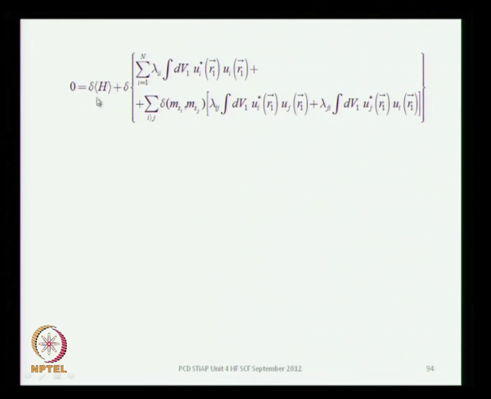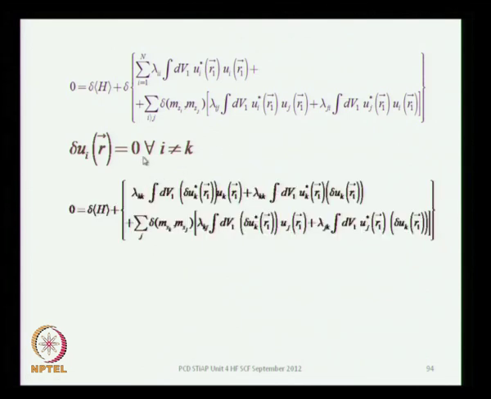We have got the variation in the expectation value of the Hamiltonian, which is the average value, and then to this you must add the variation in the terms coming from the constraints, the normalization constraints and the orthogonality constraints. We also know that all orbitals other than the kth orbital are not changed.